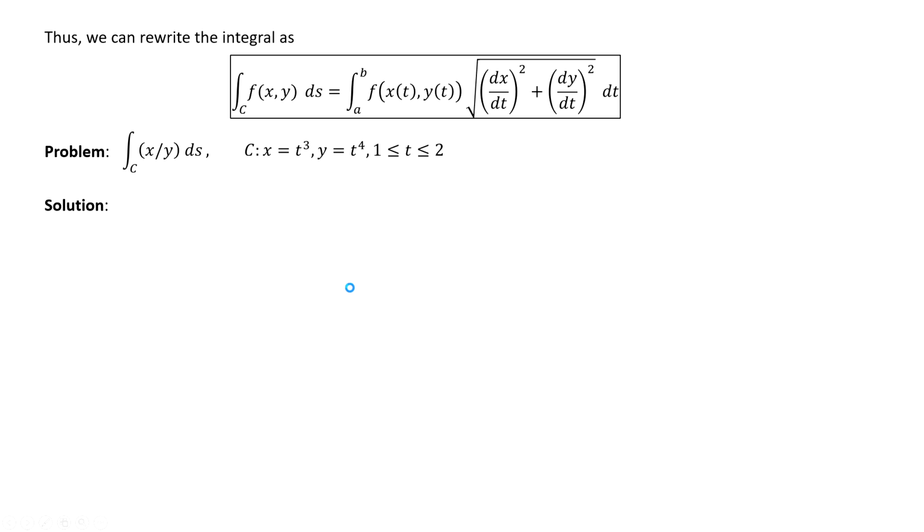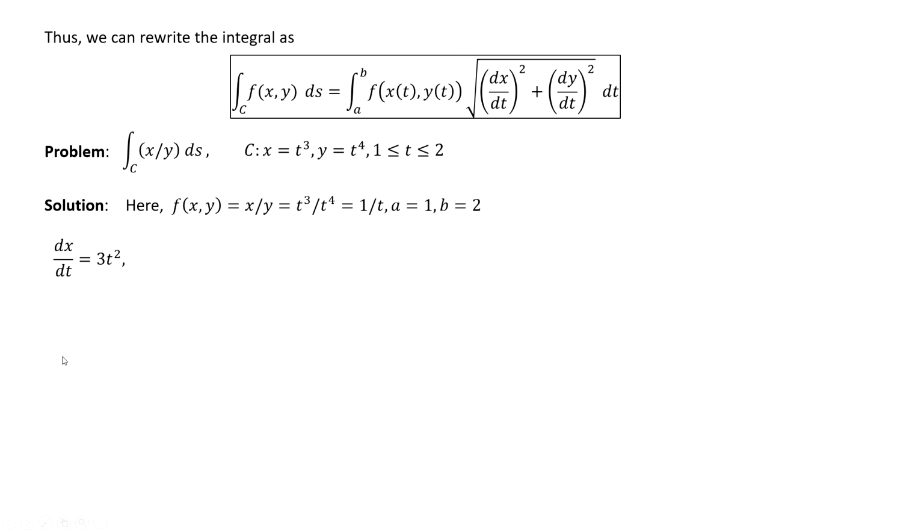Armed with all of this, could we now say f of x, y is x over y, but x is t cubed, y is t to the 4th, so that's t cubed over t to the 4. That's 1 over t. a is 1, b equals 2, like I said. Cool. What else? We definitely need to figure the square root thing out, which means we definitely need to figure out what dx/dt and dy/dt are, and then compute that.